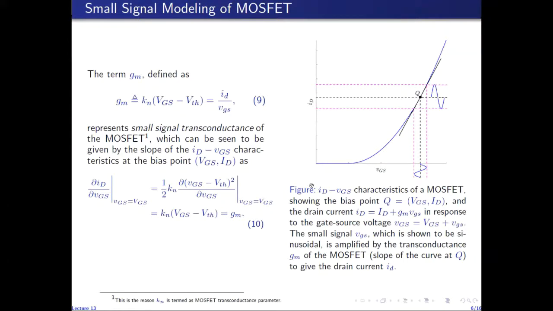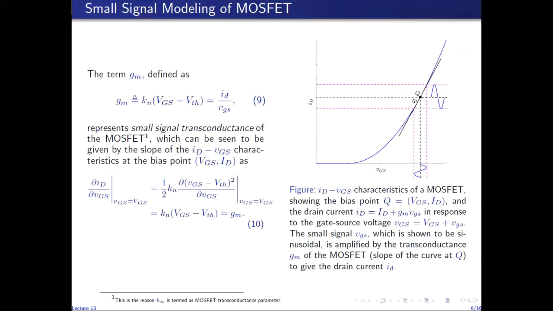On top of the characteristics, I have shown the total drain current. The DC component of the drain current, capital ID, is given by this horizontal black line, and the DC component of the input gate to source voltage, capital VGS, is shown by this vertical black line.